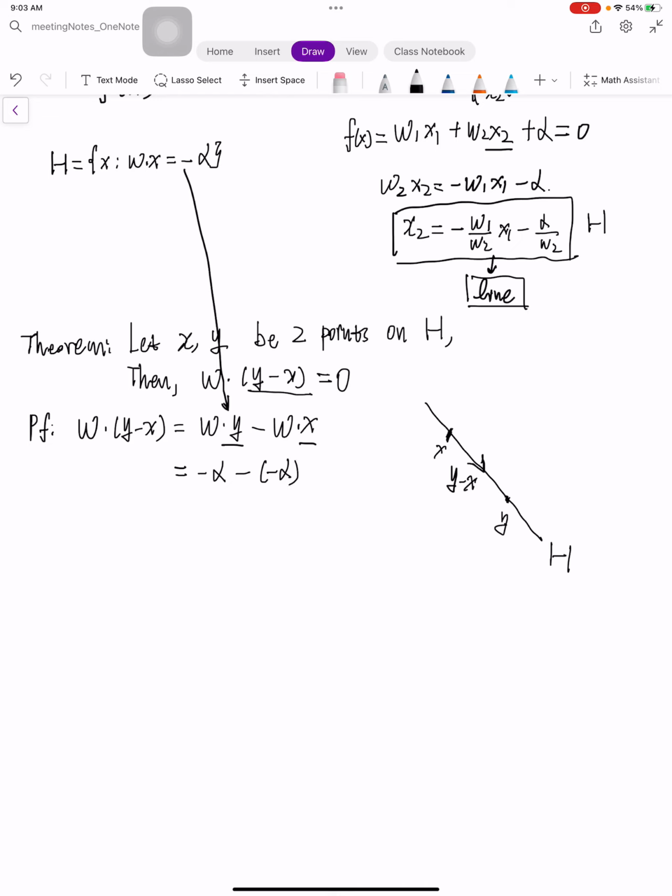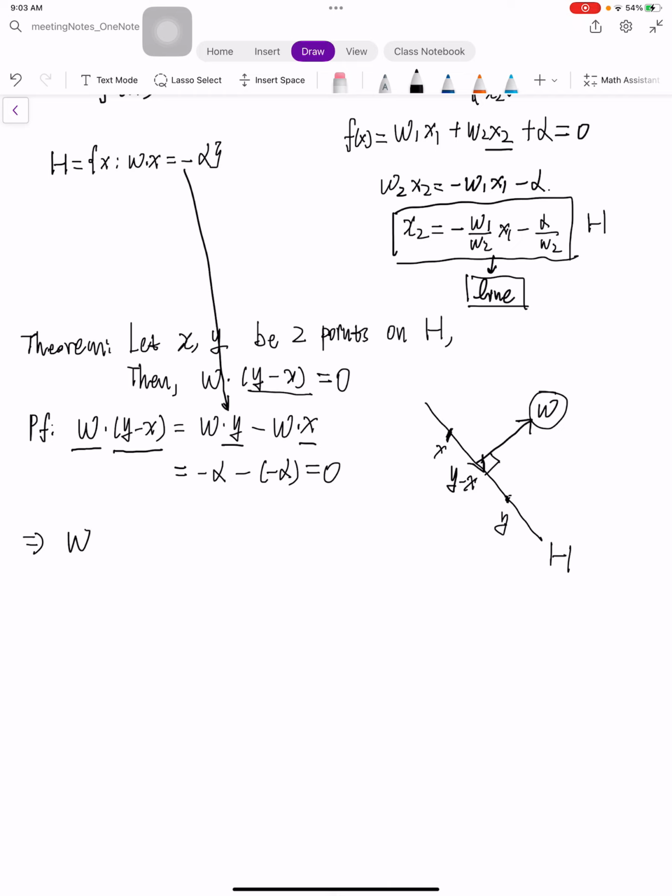So the difference equals 0. Remember, if the inner product of two vectors equals 0, these two vectors are perpendicular to each other, right? So if this is x and this is y, then our w is perpendicular to our decision boundary. In other words, given the w vector, we can find the decision boundary this way.